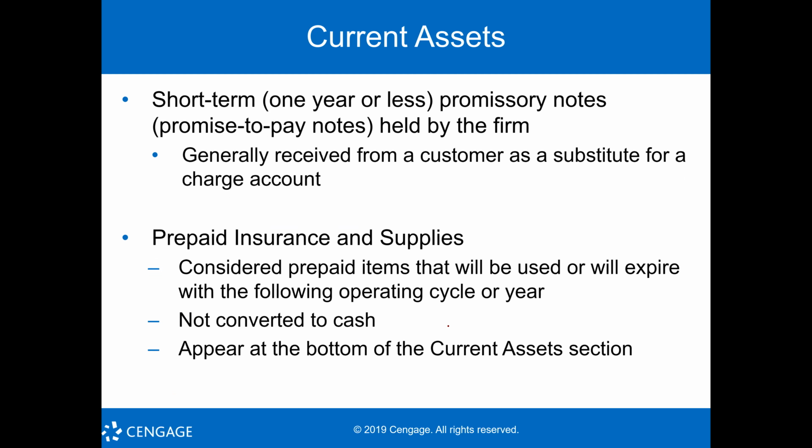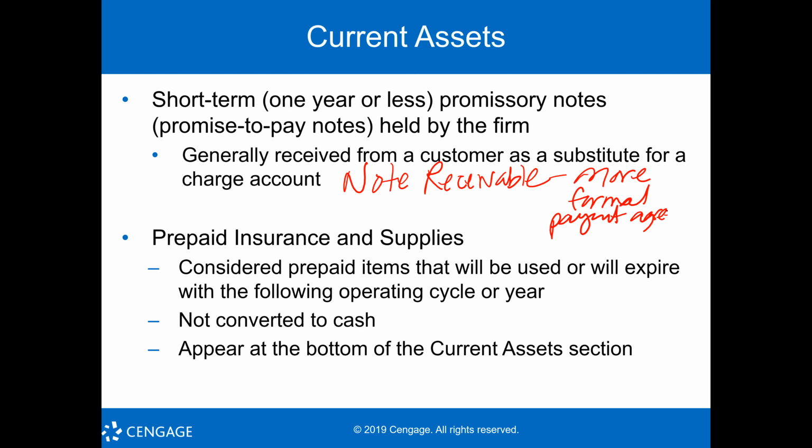This is that note receivable account, generally received from a customer as a substitute for a charge account. And notes receivable, sometimes we say, is a more formal payment arrangement or payment agreement.